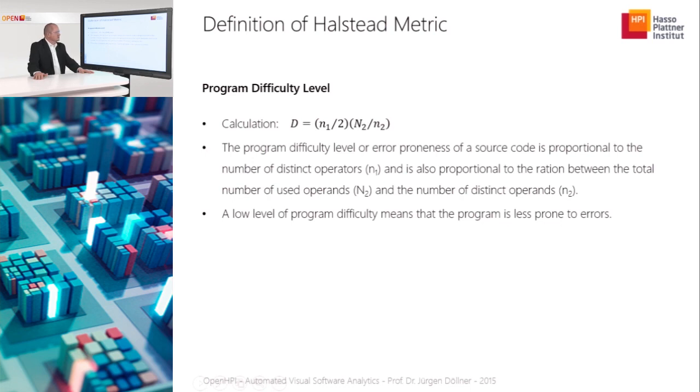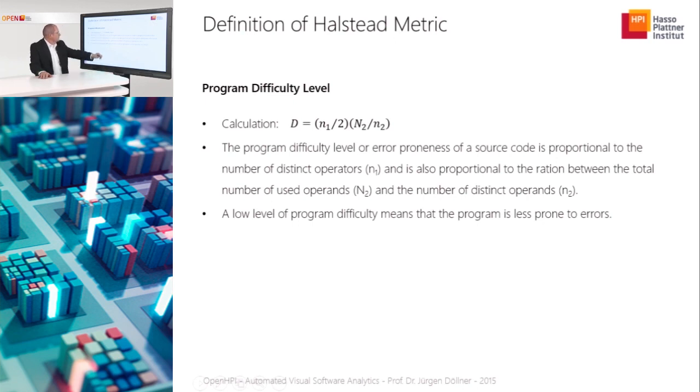And the assumption is that the program difficulty level is proportional to the number of distinct operators, N1, but also is proportional to the ratio between the total number of used operands and the number of distinct operands.